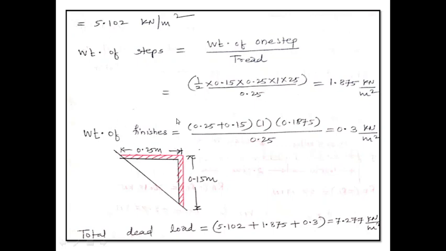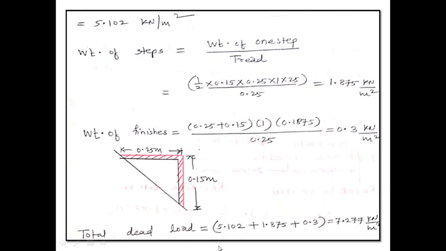Now weight of finishes. This red hashed portion is nothing but the finish. So weight of finishes is 0.25 plus 0.15, that means this perimeter, into 1, that is 1 meter perpendicular to the plane of the paper, into the given data in the problem, that is 0.1875, that is the finish, divided by 0.25, that is 0.3 kilonewton per meter square.